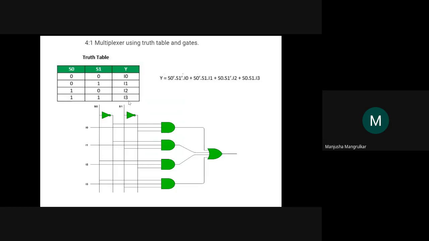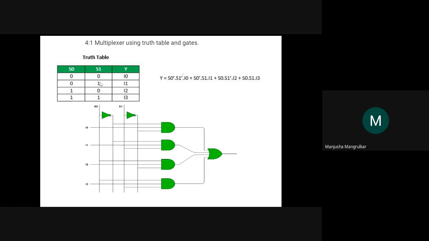Now this is a small example of a multiplexer designed as 4 is to 1. So this is your circuit. This is 0, 1, 2, 3. If it is the Y output, first it is S0 bar dot S1 bar dot I0. This will be the output.